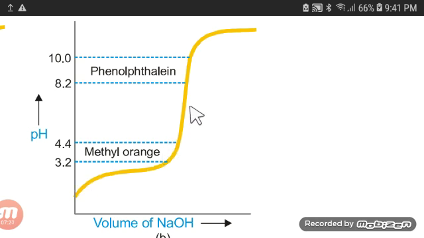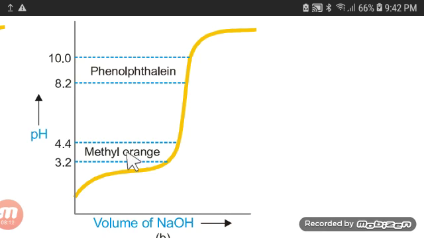After that, near the equivalence point, it increases abruptly from 6 to 11, and after that it again rises slowly, which shows the increase of base as the volume of NaOH increases.